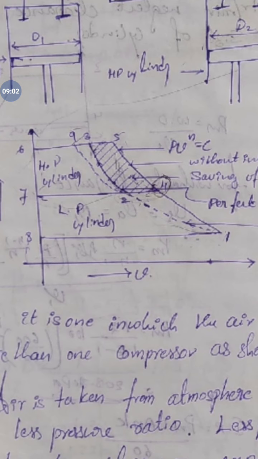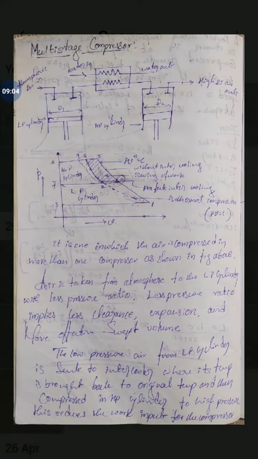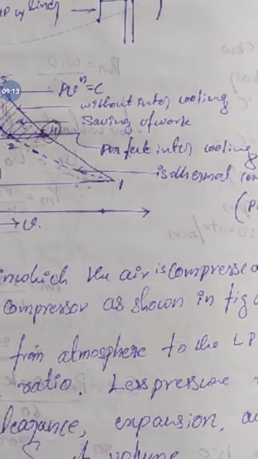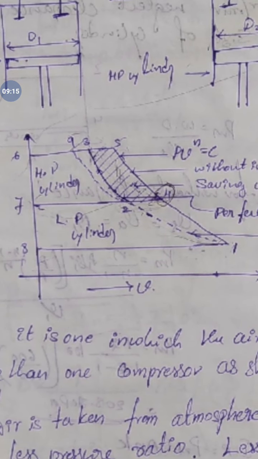Now let us find out the work required to compress the air in two-stage compression with perfect intercooling. Here the area for this two-stage compression with perfect cooling is the area 1 to 4, 4 to 7, 7 to 8, 8 to 1, plus the area 2 to 3, 3 to 6, 6 to 7 and 7 to 2.